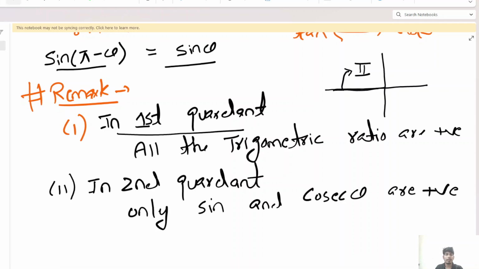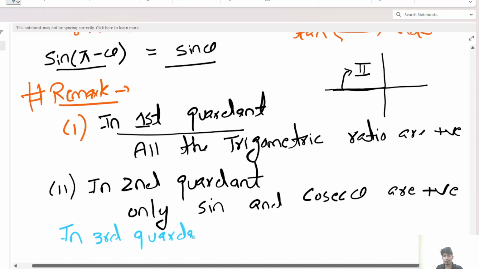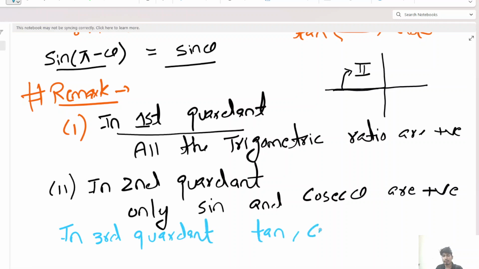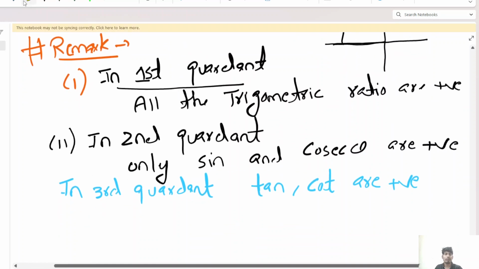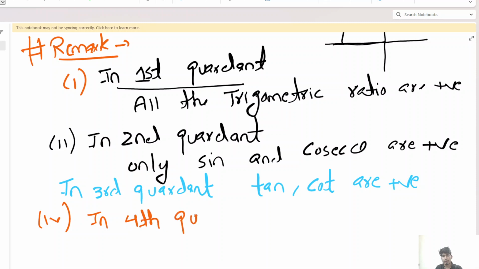And in the third quadrant, tan theta and cotangent theta are positive. Okay, and in the fourth quadrant, what are positive? In the fourth quadrant, the cos function and secant function are positive.